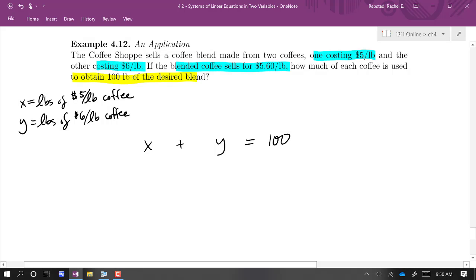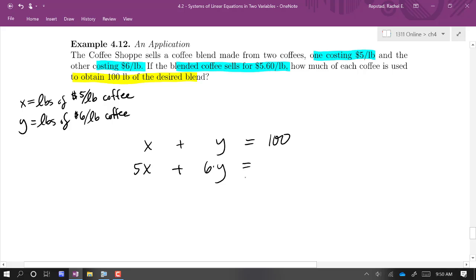If they take X pounds of coffee and that coffee is $5 per pound, the amount spent on that coffee is 5 times X. Dollars per pound times pounds will give you dollars, plus the amount spent on the $6 coffee is $6 per pound times Y pounds.